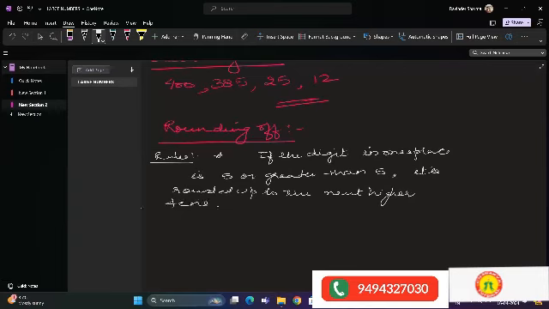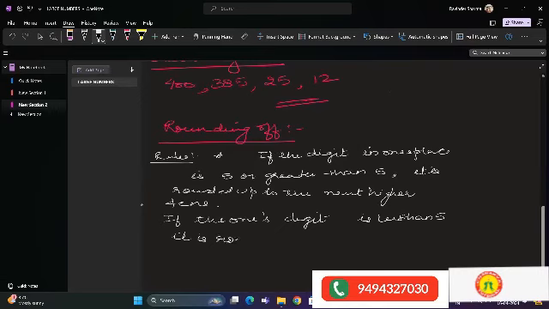Now, if the ones digit is less than 5, then it is rounded down.